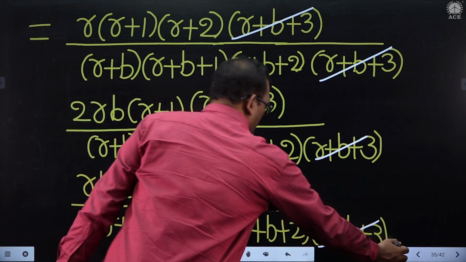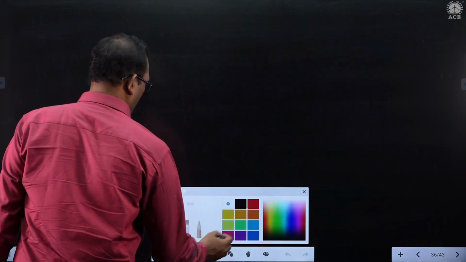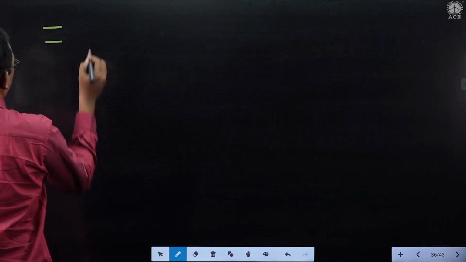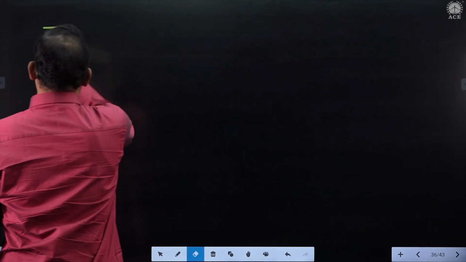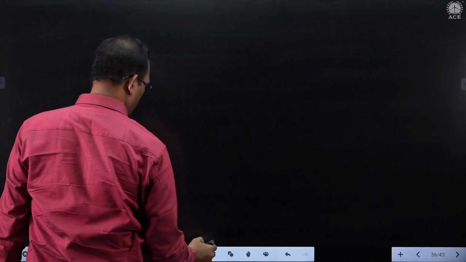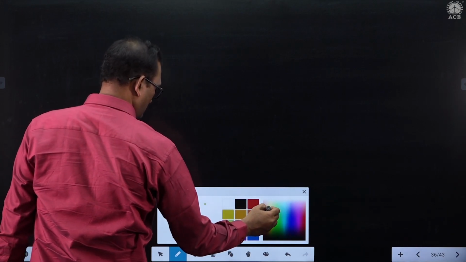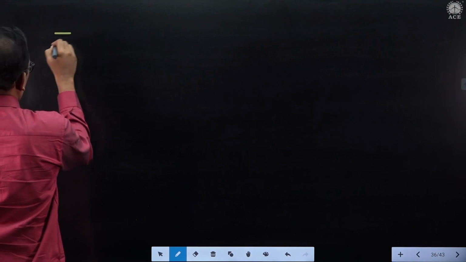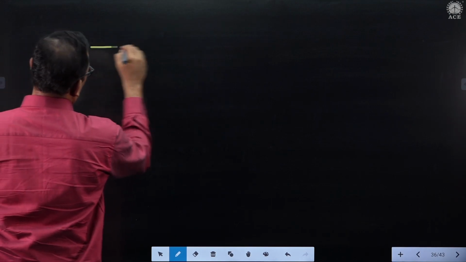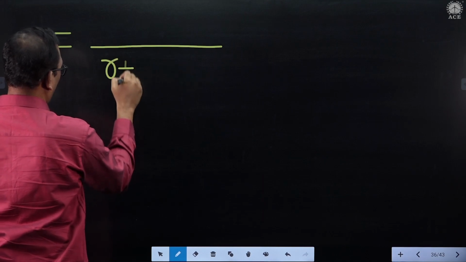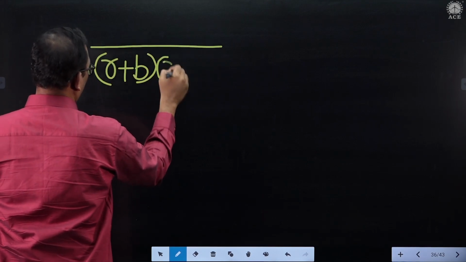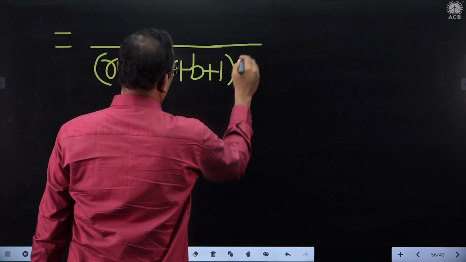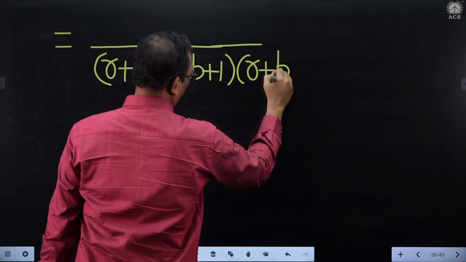Let me take out from all the terms of the denominator. This is equal to, from the remaining terms, the denominator is r plus b plus 1 into r plus b plus 2.